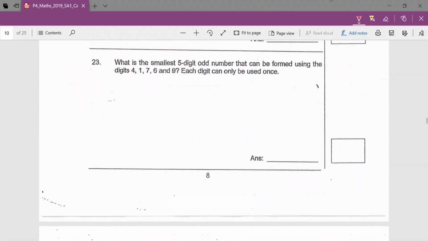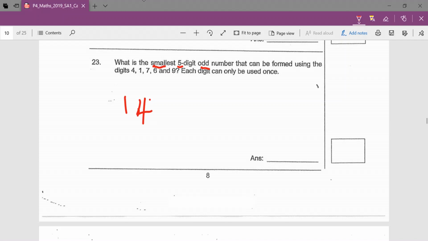Next question. What is the smallest 5-digit odd number that can be formed using the digits 4, 1, 7, 6, and 9? Each digit can only be used once. If you want the smallest number, you start with the smallest digit, which is 1. Then the next smallest, which is 4.